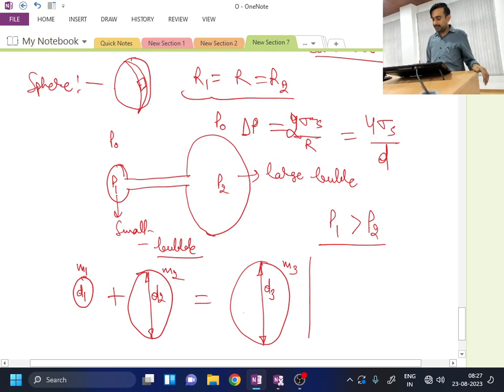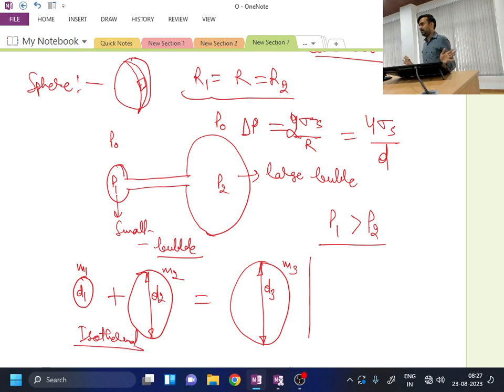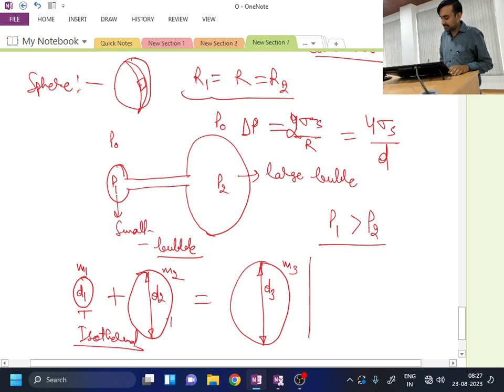Let us consider this process of coalescence has taken place under isothermal conditions. Means their initial and final temperatures all remain the same, and every bubble is at temperature T. Okay, and this coalescence is happening in such a way that there is no mass loss. It means the mass of the final bubble is nothing but the mass of the first bubble plus the mass of the second bubble.